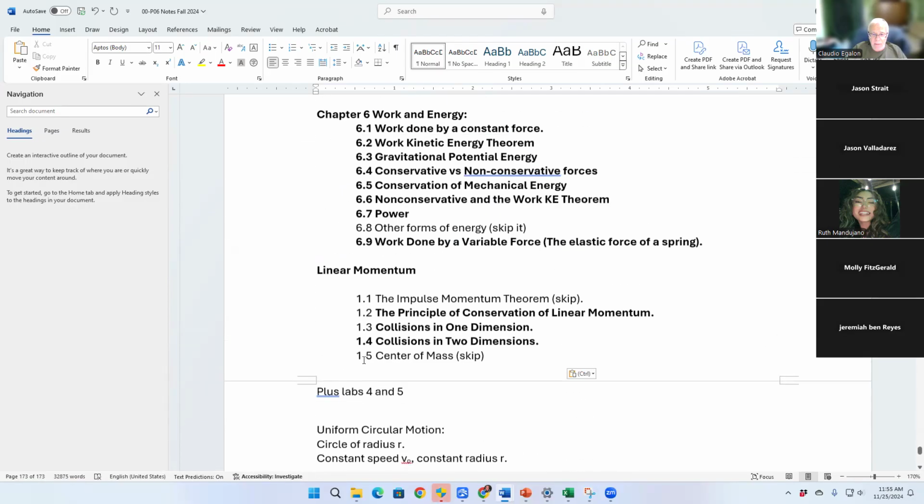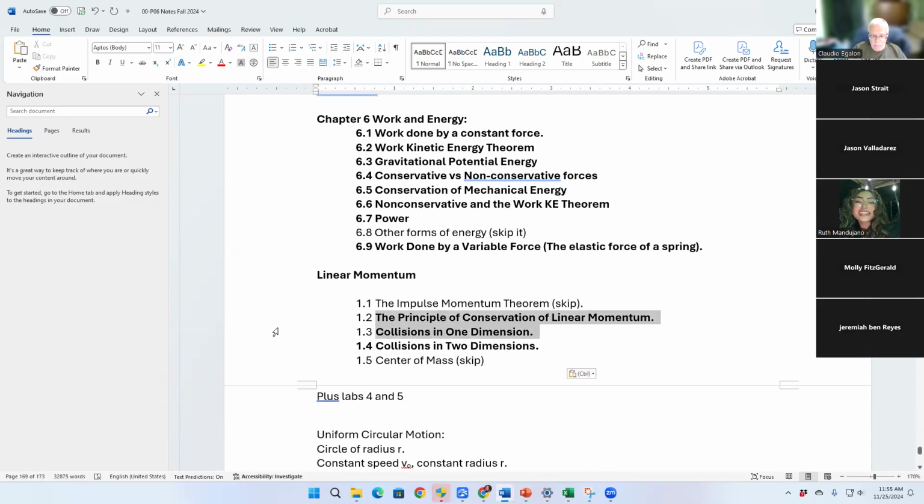And then we have collisions in 2 dimensions too, right? And let's see what else. We have 4 more minutes to go.